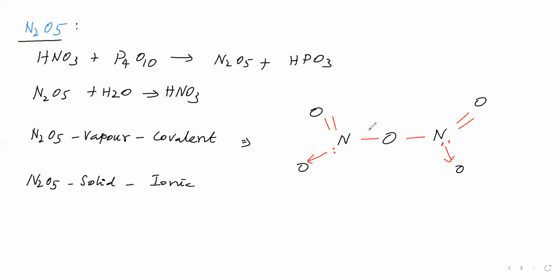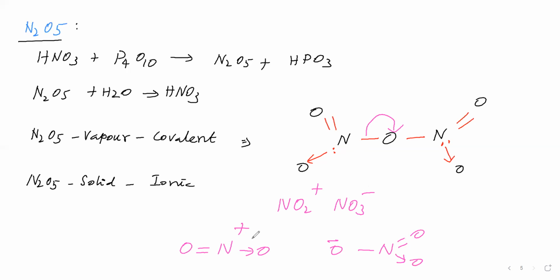What about the solid state? In the solid state, this bond is migrating to oxygen. Therefore, this nitrogen is losing the bond and getting a positive charge, and this oxygen is gaining the bond and getting a negative charge. So you will get NO2+ and NO3-. NO2+ is called nitronium.